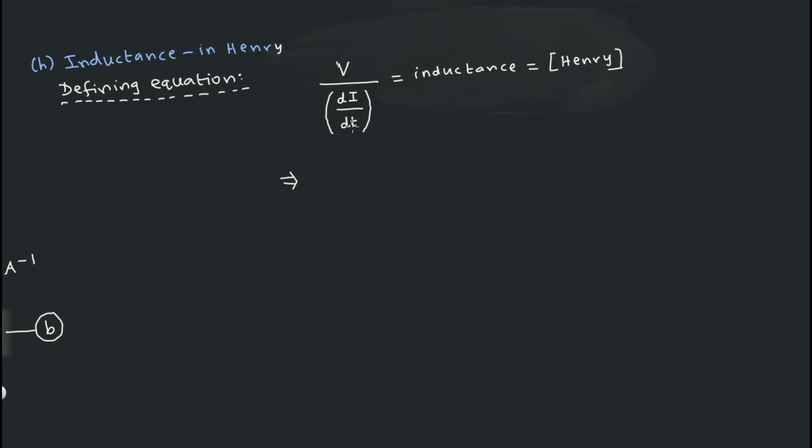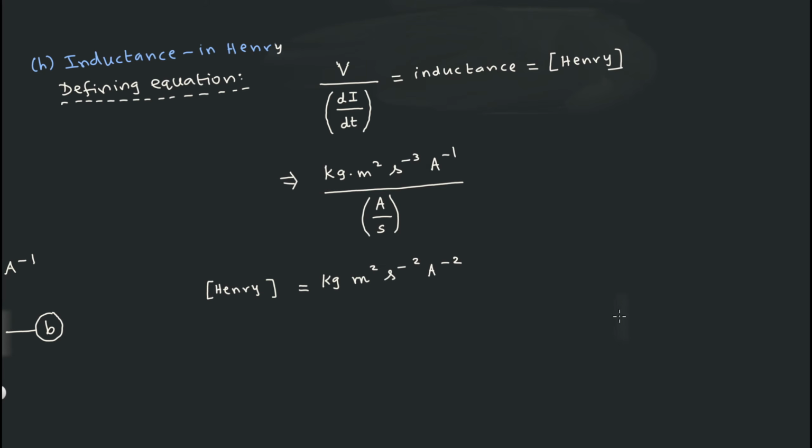I think the expression for the volt is something like kilogram, you verify this, kilogram meter square second to the minus 3. So finally you get this. This is ampere per second from here. So there is nothing to do. This voltage is already available with us. So you have to take it from there and then simplify this expression. I think this second will go up here. That's why minus 2, and other things are fine.